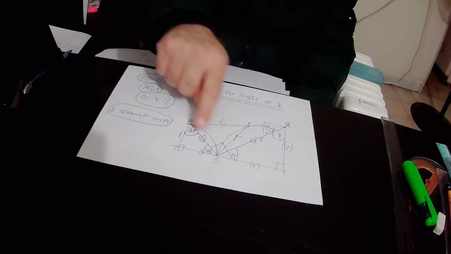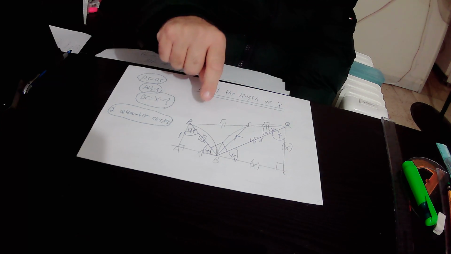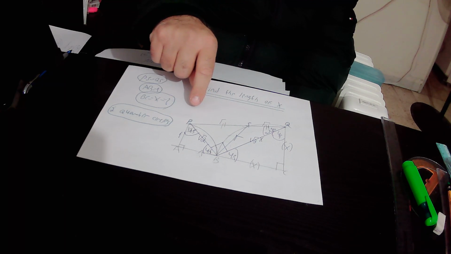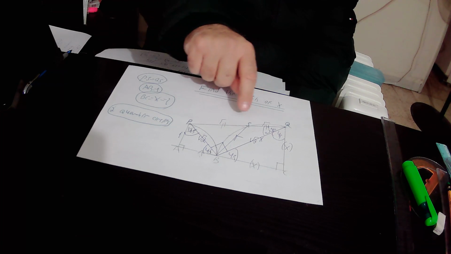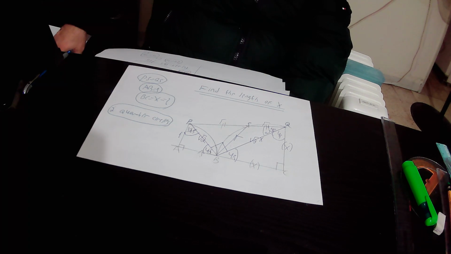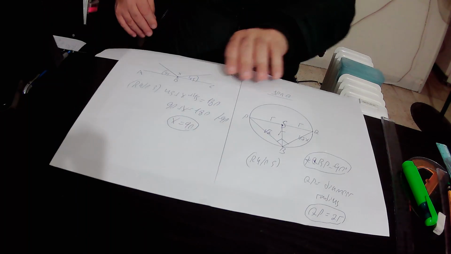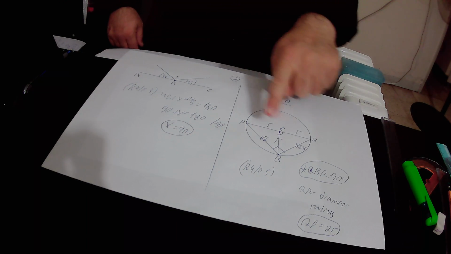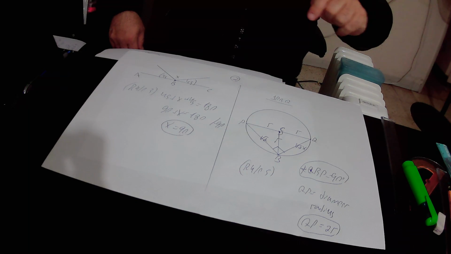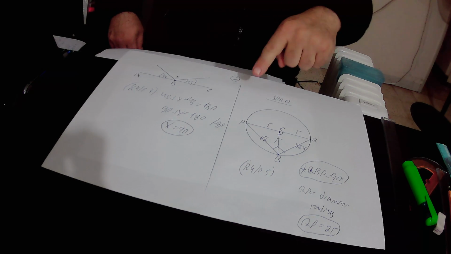So I copied the right triangle PBQ in a new page, and we blocked this right triangle PBQ by a circle. This is the right triangle PBQ that I copied from the original drawing. We block this right triangle by a circle.